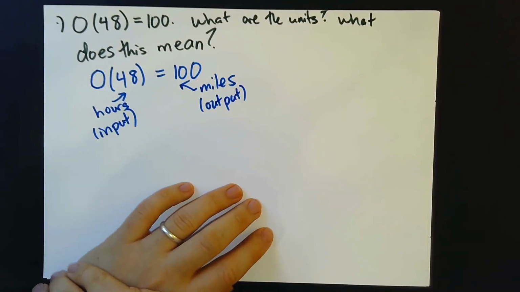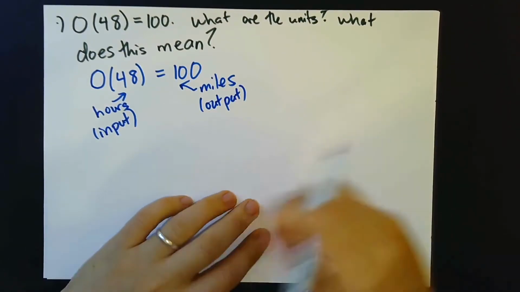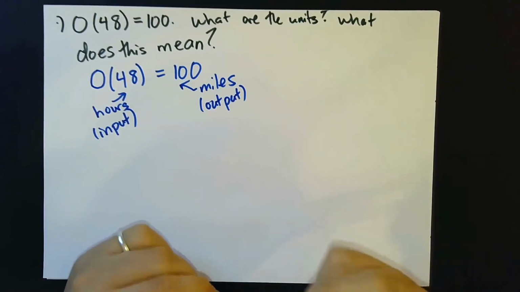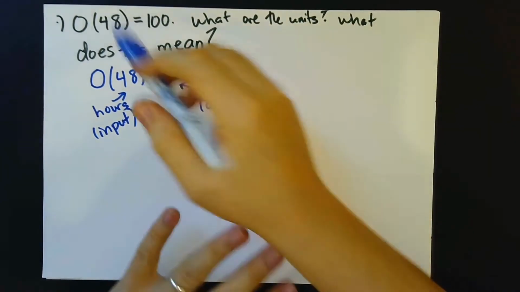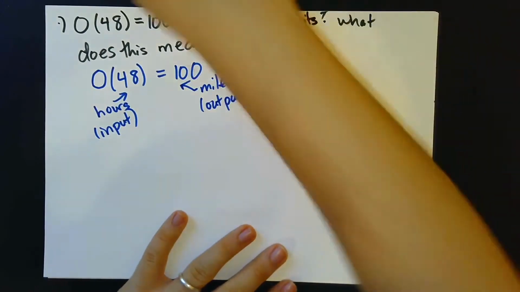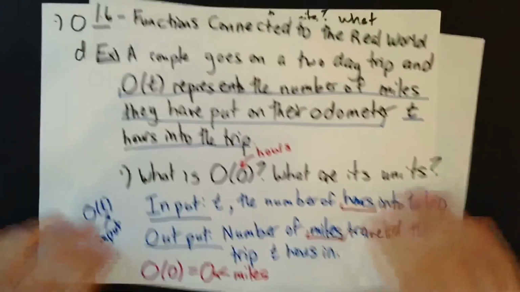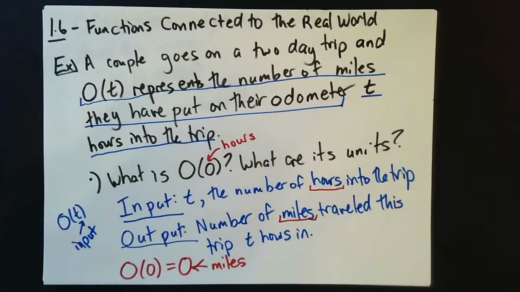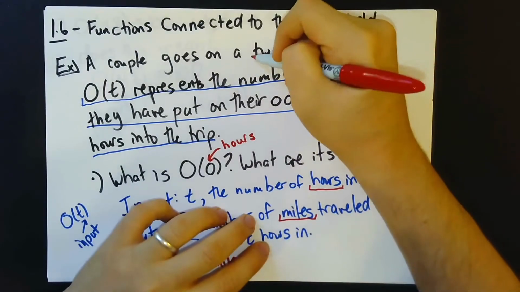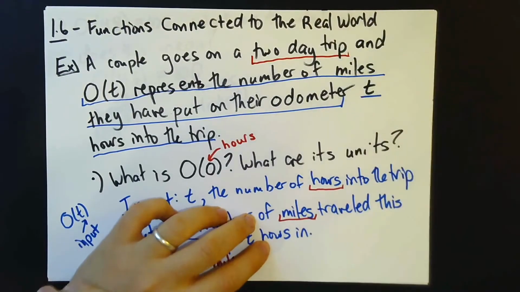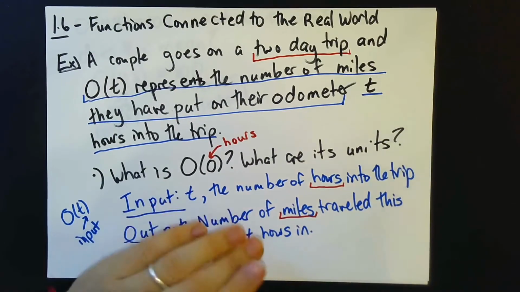Now, I want to point out one more piece of connection between what's written here and what we said in the original problem that you might have forgotten, which is the fact that this is a 2-day trip. 2 days is 48 hours.